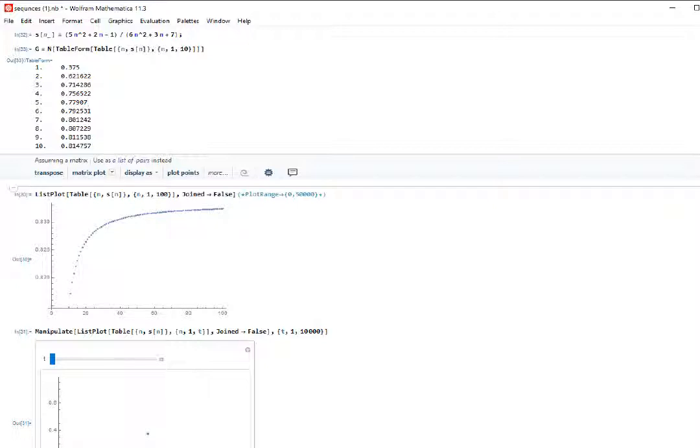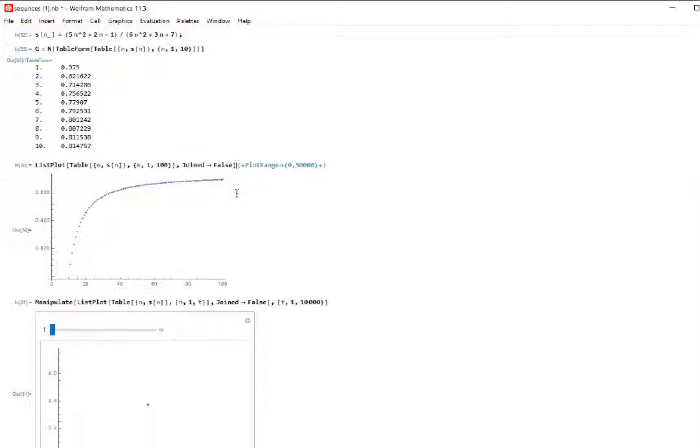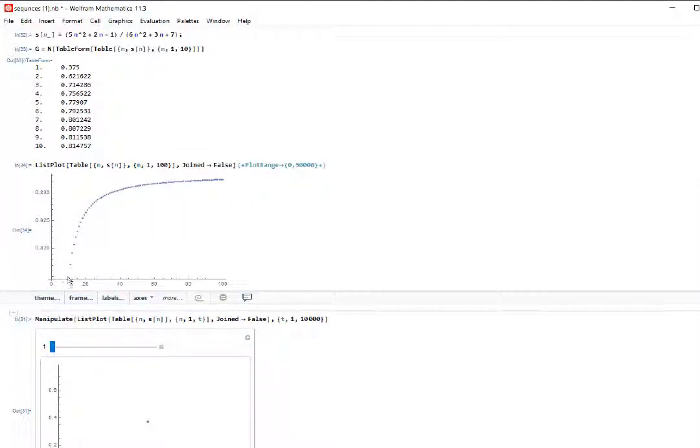You can see here 0.80, 0.807, 0.81, 0.811, 0.814. So you can see, look at the plot. The values of the sequence are increasing, but they are approaching towards 0.833 sort of a thing, right? So it is convergent.